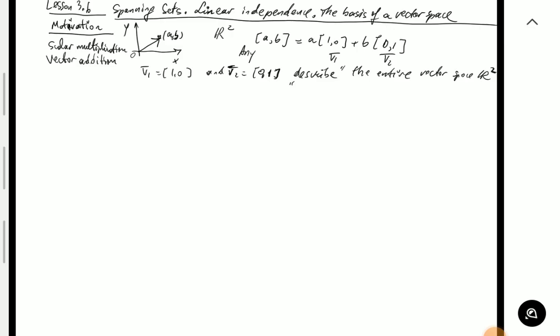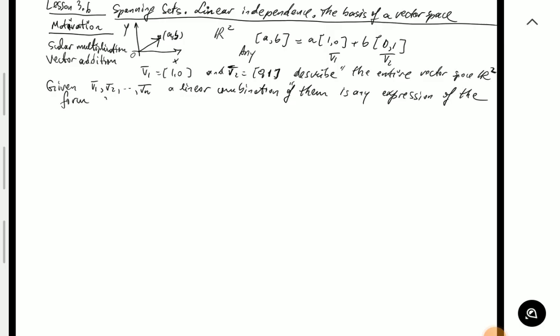Given a bunch of vectors v1, v2, ..., vn, in the language of linear algebra, a linear combination of them is any expression of the form c1 v1 + c2 v2 + ... + cn vn, where the ci are scalars, real numbers in most cases.